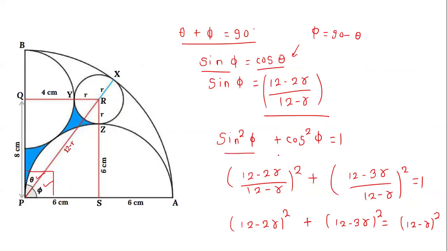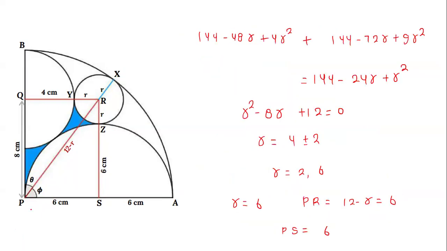So we also know sin square phi plus cos square phi is equal to 1. So we can put here those two values and we can see that this whole equation is in small r. So from here after solving this we can find out the value of small r, and here it will become like a quadratic equation, and after solving you can find the two values of small r. One is 2 and one is 6.